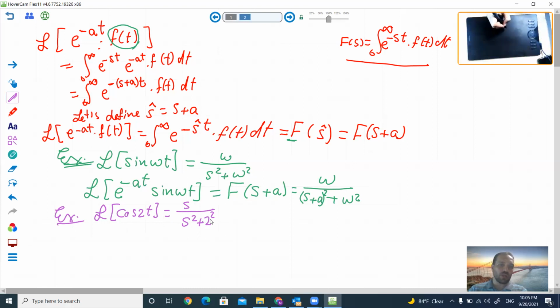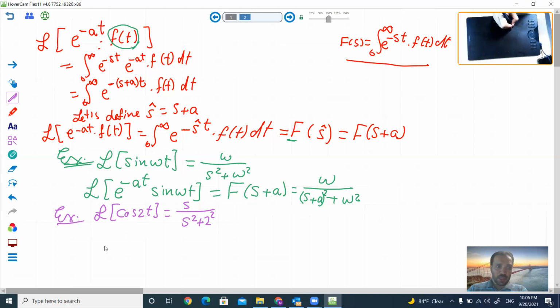This is one of the very common Laplace transforms that we should keep in mind. We should keep the Laplace transforms of sine omega t and cosine omega t. This is very common, and we will use it frequently while we are dealing with control systems in engineering in general.